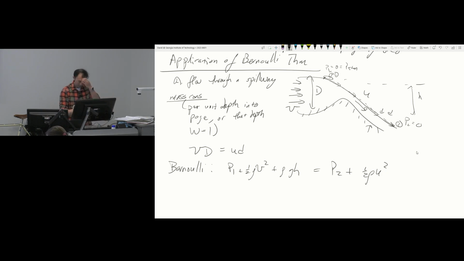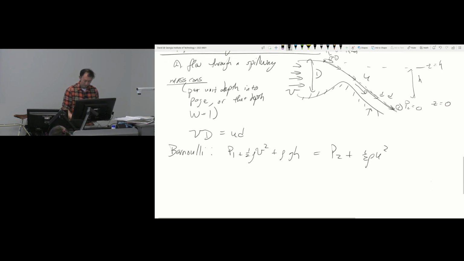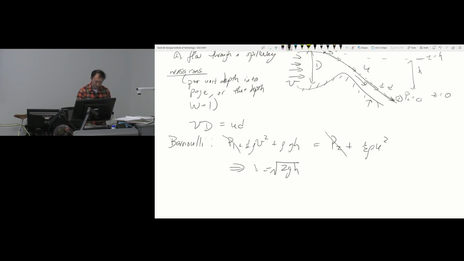If I call this z equals h, and I'll call this z equals 0, there's no gravitational term there, and these are 0, and so that leads to the velocity of the exiting fluid simply depending on the height.